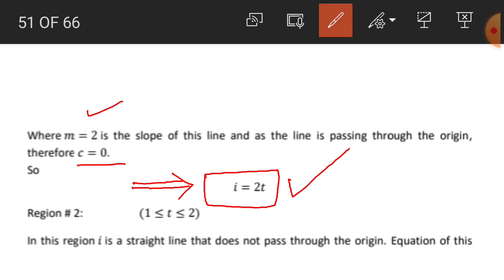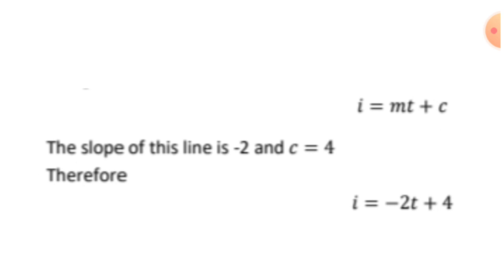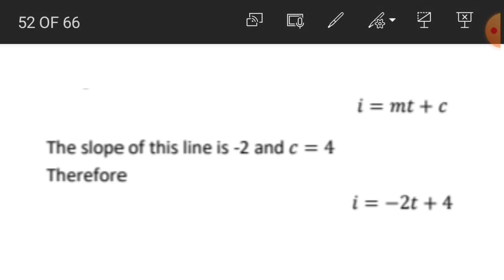Now we consider region number 2, where the time is changing from 1 to 2. In region number 2, the current is decreasing from 2 to 0.